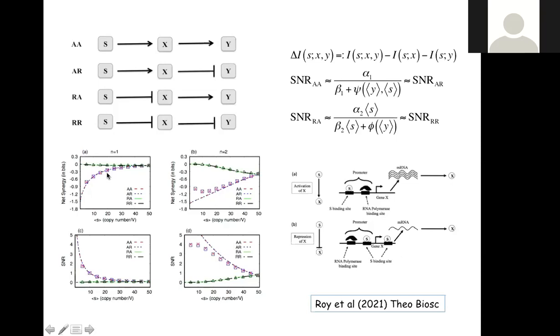And that's what we see here. Now we see that for activation and activation-repression, these two-step cascades, although they have different dynamics in the second step, the first step is the rate determining step and it promotes gene expression.